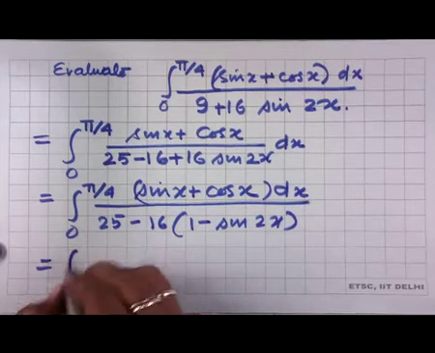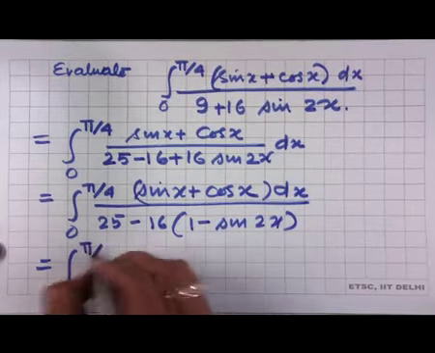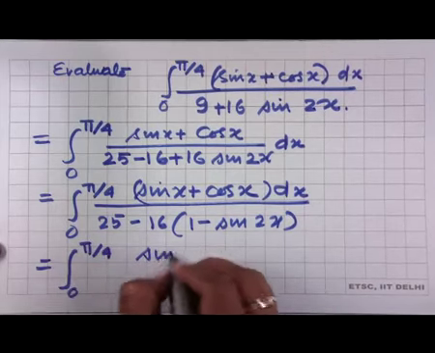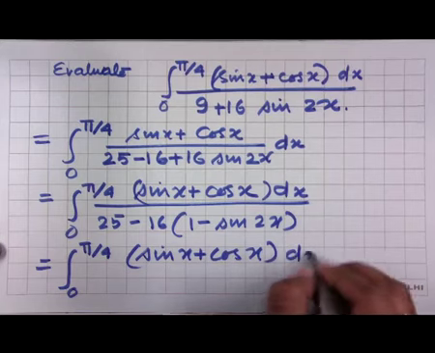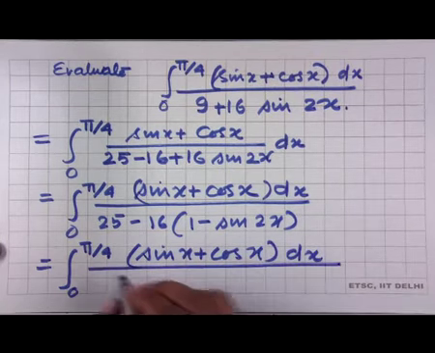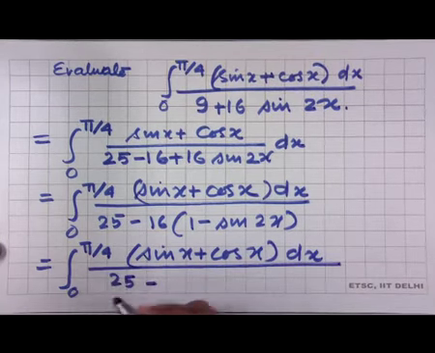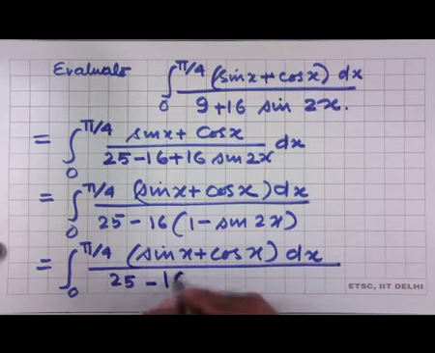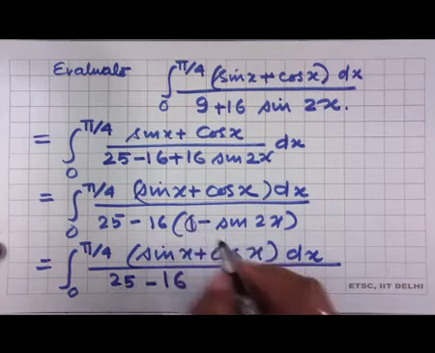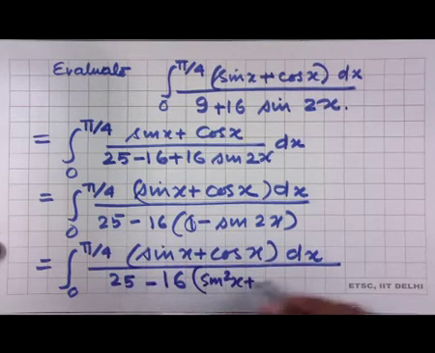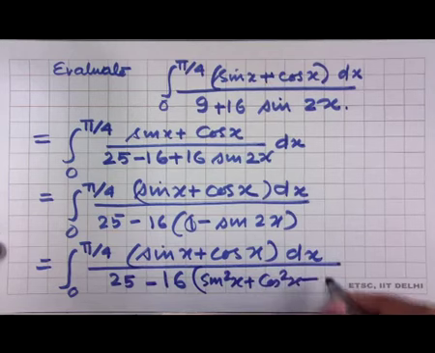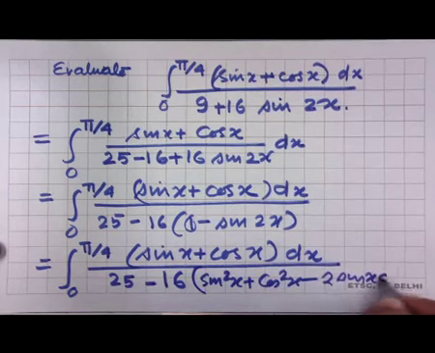This we can write as integral 0 to pi by 4 of sin x plus cos x dx by 25 minus 16. 1 you can replace by sin square x plus cos square x, minus 2 sin x cos x.